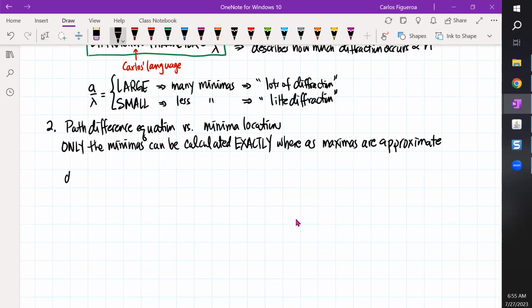So if I have destructive interference, then I get my path difference. Look at what I'm going to define now.